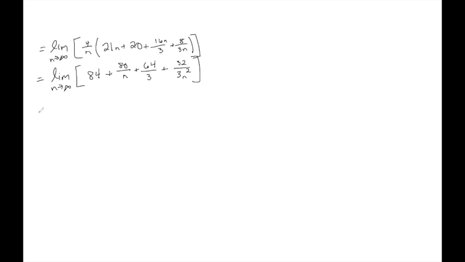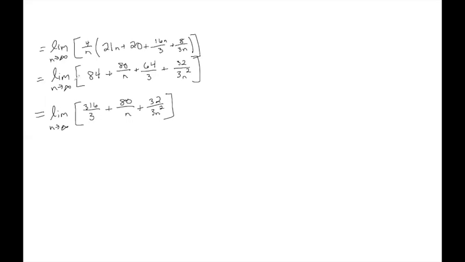Okay, we're almost there. It looks like now I'm in a proper place to apply my limit, but let's combine like terms first before I go doing that. And it turns out that when I add 84 to 64 over 3, I believe this is correct, 316 over 3, plus 80 over n plus 32 over 3n squared.